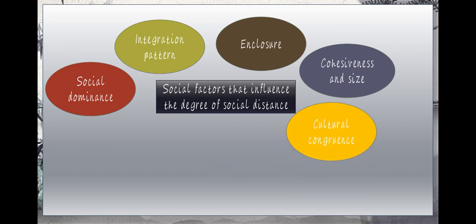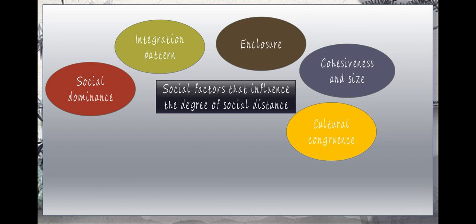And the next is cultural congruence. It means that if the two cultures are similar, social contact between the two groups is more likely to happen spontaneously, and thus second language learning becomes easier.